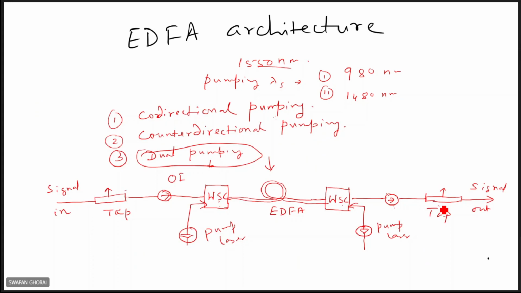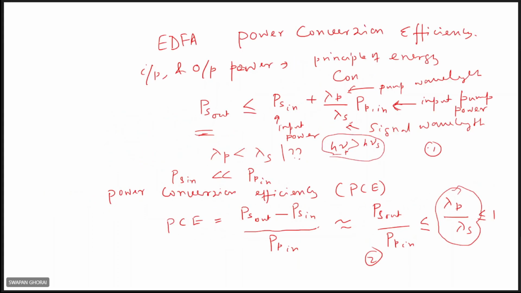So with dual pumping, you can have both the advantages which are obtained in co-directional pumping and counter-directional pumping. So keep in mind, co-directional pumping is for noise performance, and counter-directional pumping is for the gain, whenever you require high gains. So both the things can be obtained if you consider the dual pumping. Of course, some extra components should be there, the WSC, wavelength selective couplers.